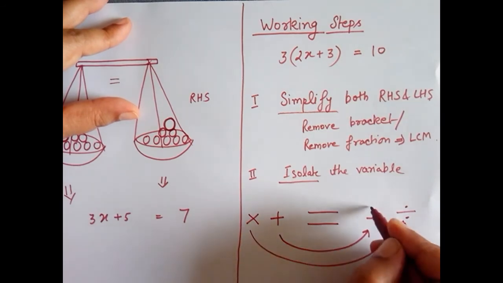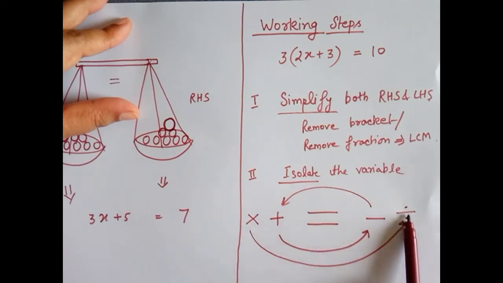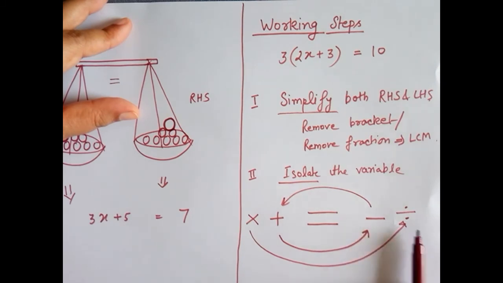And vice versa is also true. If minus sign and division sign change the side from LHS to RHS, they will become addition and multiplication. Means plus and multiplication, if they go from one side to another, they will become subtraction and division. Please remember this thing, and also the BODMAS rule.